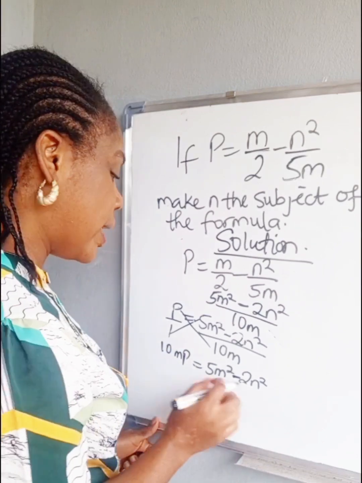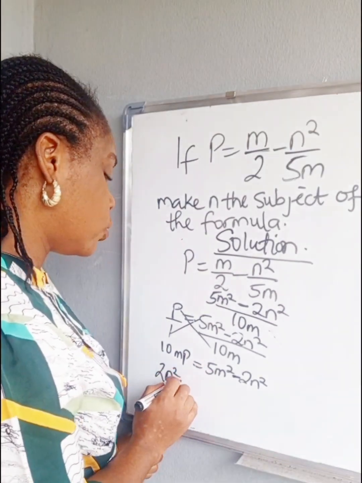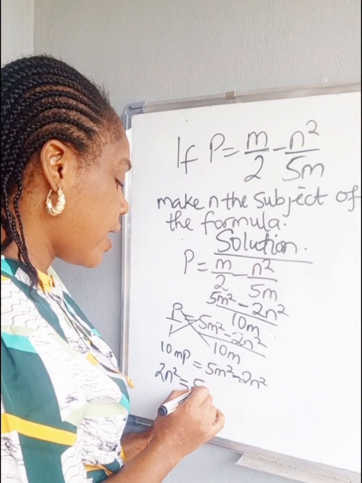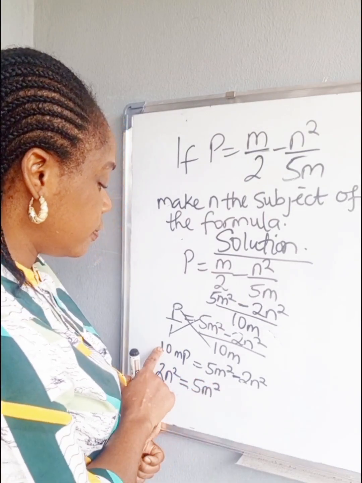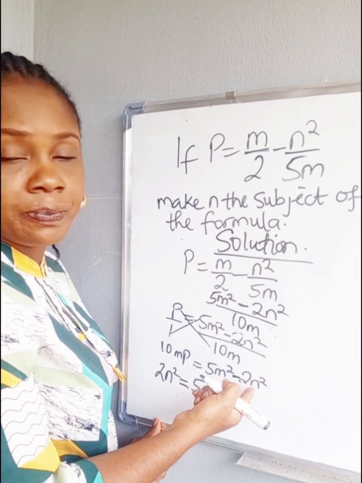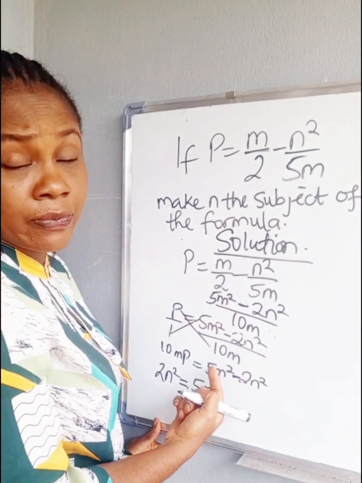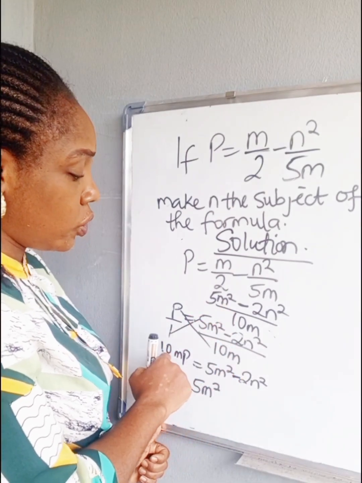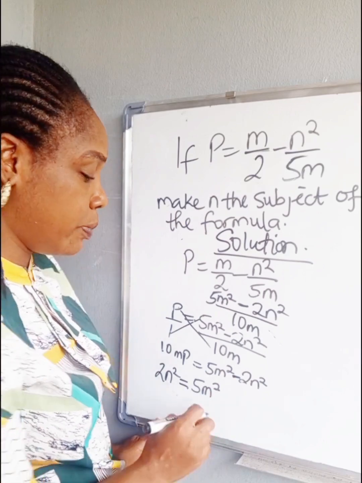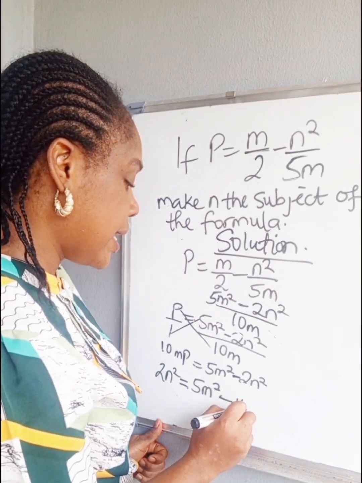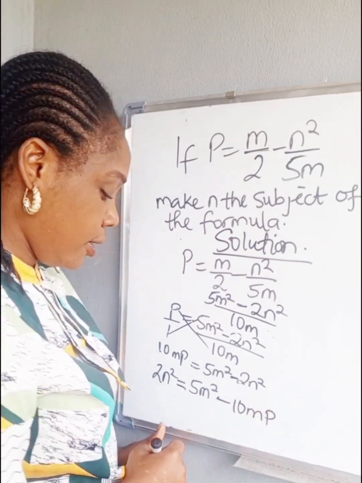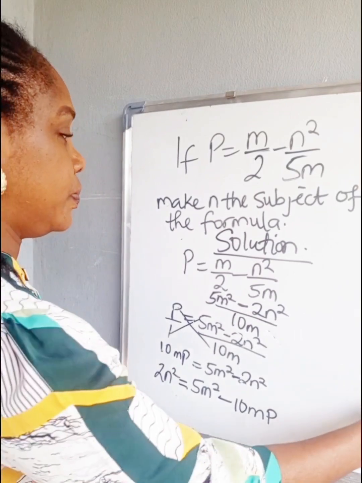Positive. So we have 2n raised to the power of 2 is equal to 5mn. 10np will be coming over to meet with 5mn. It's going to cross over the equality sign and become negative 10np.